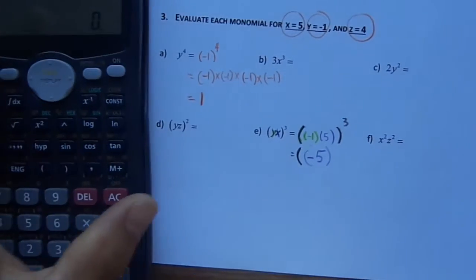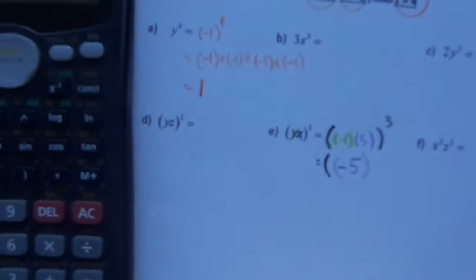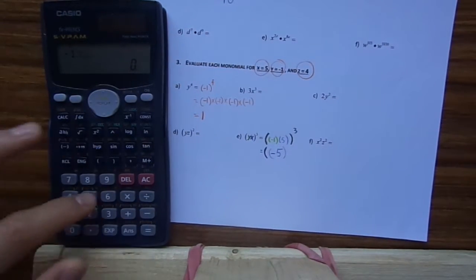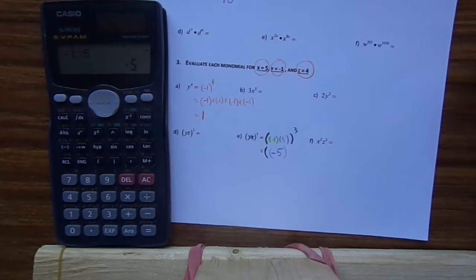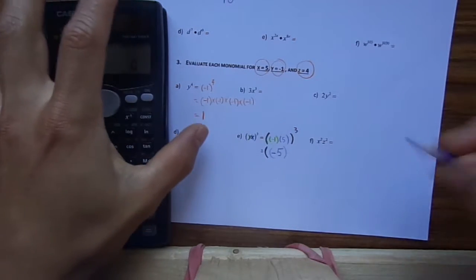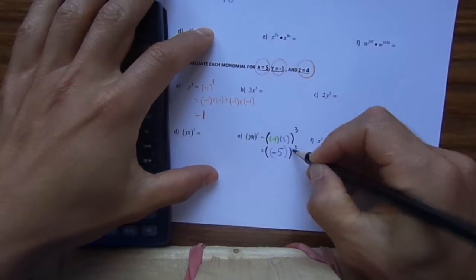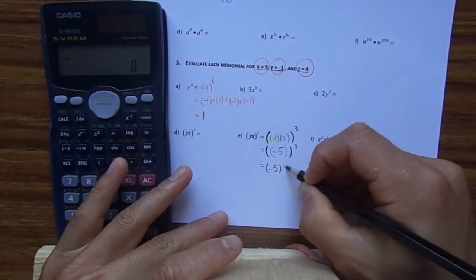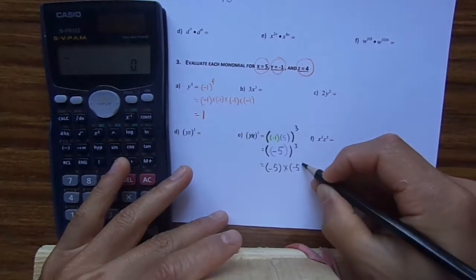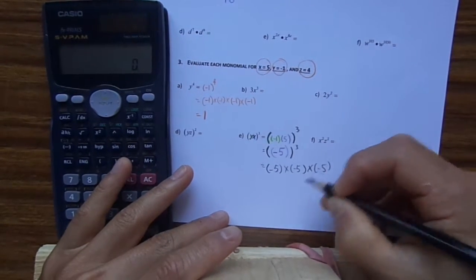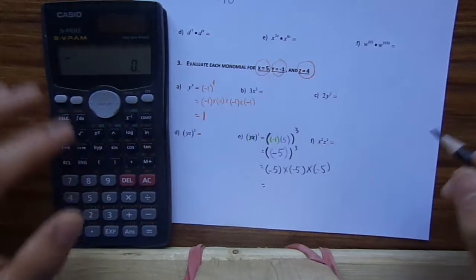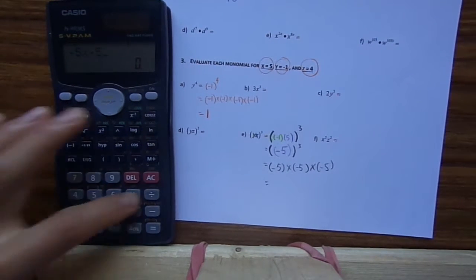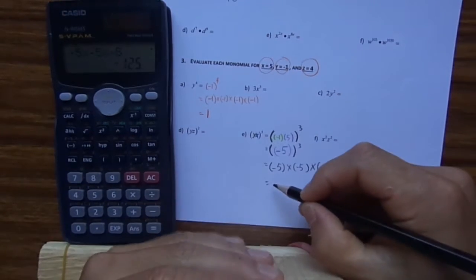And if you don't believe me, let me put it in the calculator and show you. -1 times 5, -5. To the exponent 3, which is then -5 times -5 times -5. For the sake of this lesson, you can type that in, -5 times -5 times -5, and you get -125.